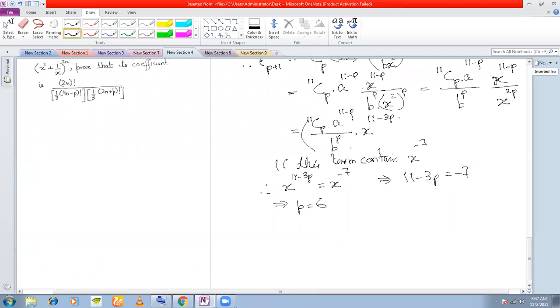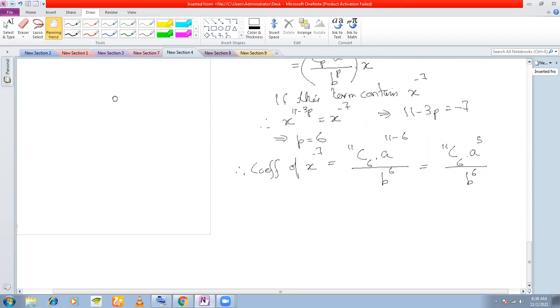This part is the coefficient of x to the power of minus 7. So therefore, coefficient of x to the power of minus 7, put the value of p, 11c6 a to the power of 11 minus 6 divided by b to the power of 6. Okay, so you get here 11c6 into a to the power of 5 divided by b to the power of 6. This is the coefficient.